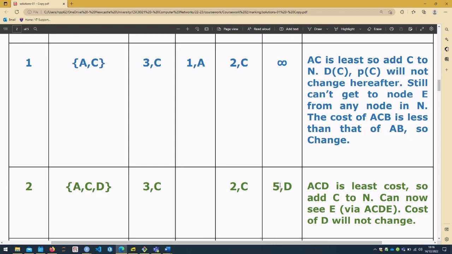What we see now that we didn't see before is node E, which has a total cost of 5. So from A to C to D, and D to E, that's a total cost of 5. So from here, where do we go next?